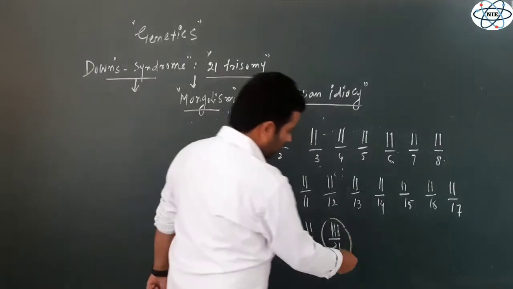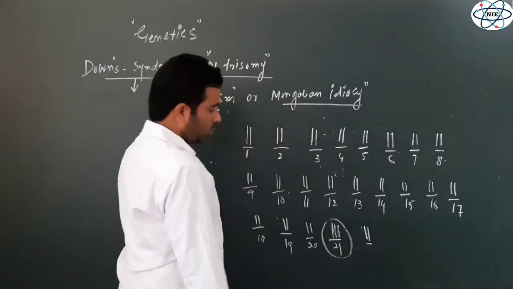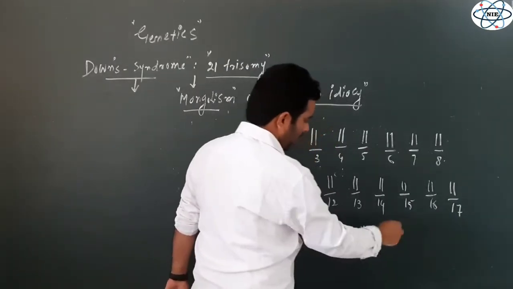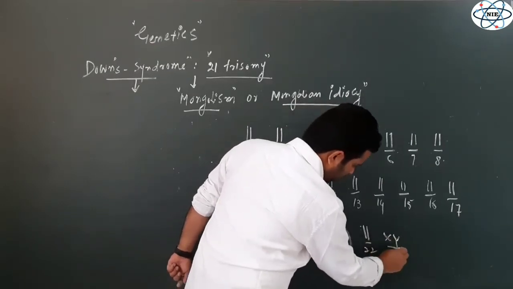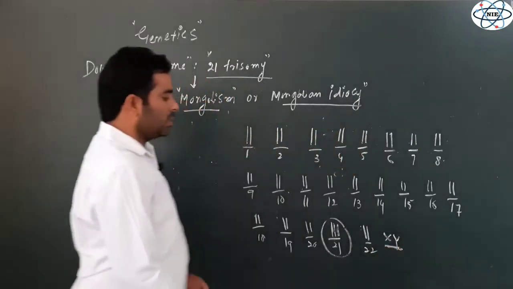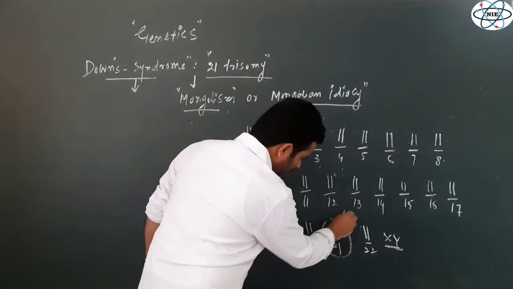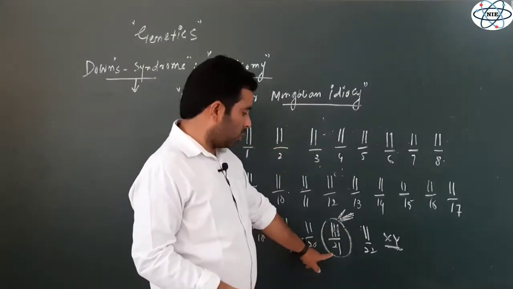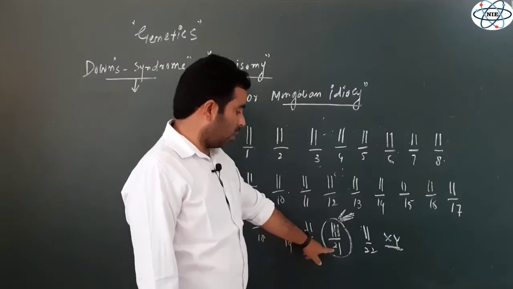Other chromosomes, for example 22, exist in 2 copies. Then we have the X and Y, let's say it is male. So X and Y are also present 2 times, one is X, another is Y. But here again, please focus on this point, that chromosome 21, which should be present 2 times, is present 3 times. There are 3 copies of this 21.